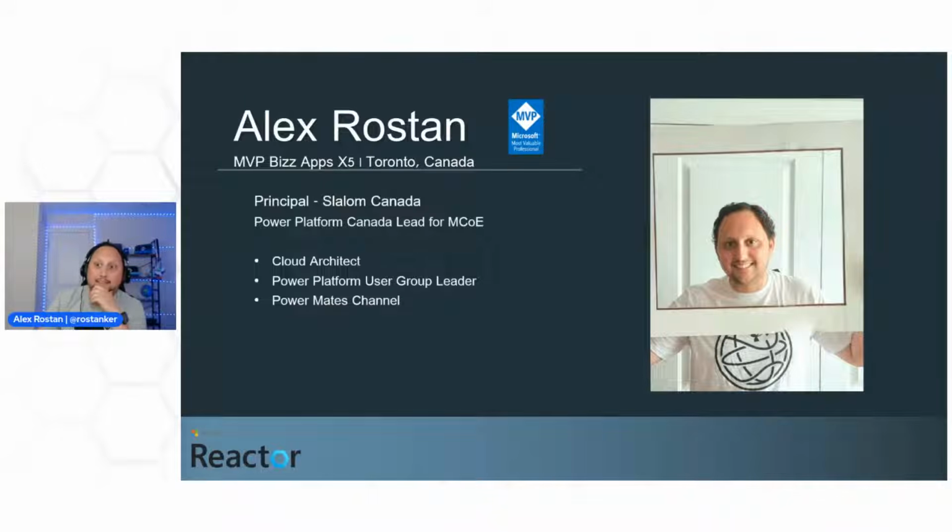I work as a principal in Slalom, Canada, and I'm the Power Platform Canada lead in the Microsoft Center of Excellence inside Slalom. Some of my roles are cloud architect and, at some point, pre-sales. I try to create the right solution for the client's need. I think we all try to do that, but that's my daily work.